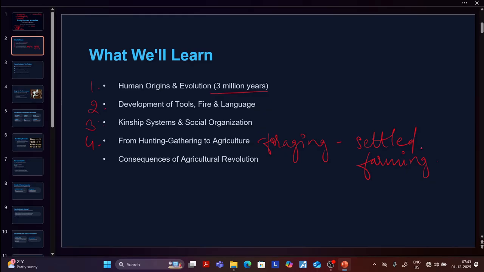This is perhaps the most transformative shift in human history. And finally, fifth, the consequences of the agricultural revolution. What were the costs and benefits of the shift? What institutional forms emerged as a result? So let's begin.